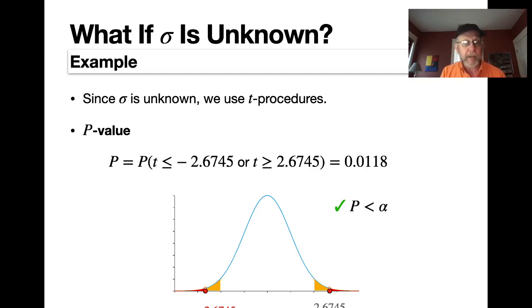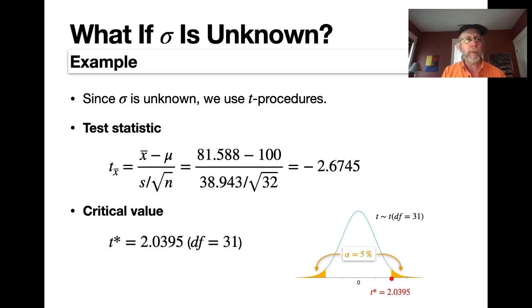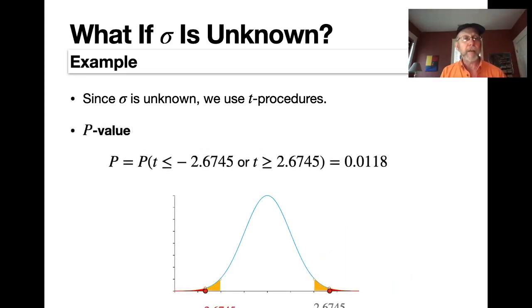It's less than that critical value that we calculated before, negative 2.0395, right? It was in that left tail there. So we also could have just observed that since the t-score for x bar was in the rejection region, we're going to reject the null hypothesis, again at the 5% significance level.